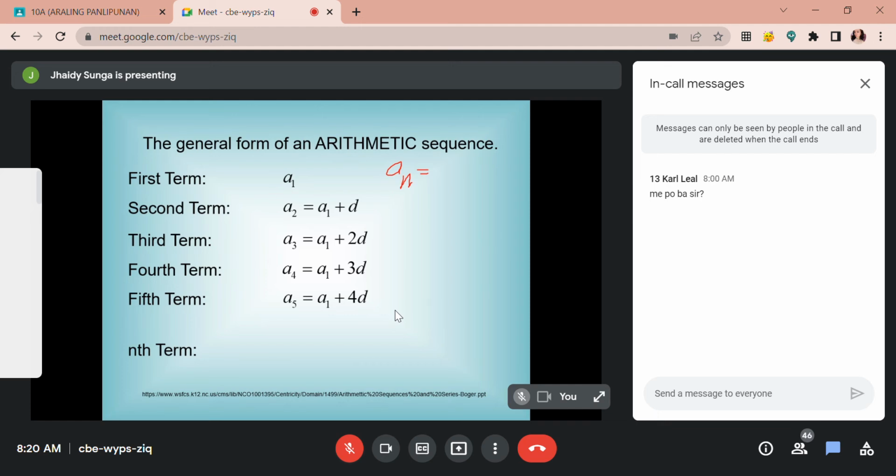Because your teacher is just testing you if you are really listening and paying attention. A while ago, I already told you that our formula for the n-th term would be a sub n equal to a sub 1 times 2 quantity of n minus 1. So our n-th term formula would be this one.